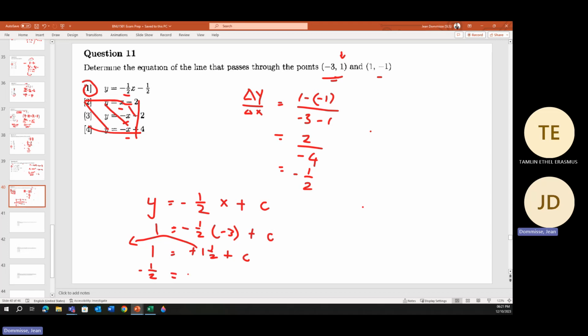So we get c is minus a half, and we also see c is minus a half in the option. Okay, so basically when you get 2 points and need to create a straight line, that's one method that you can use to get to it.